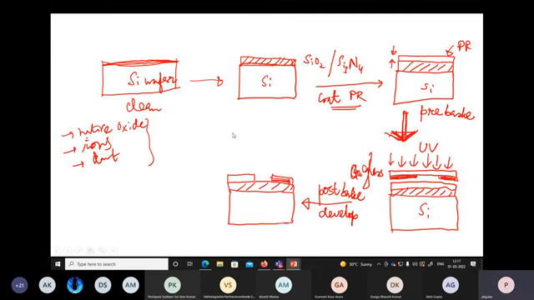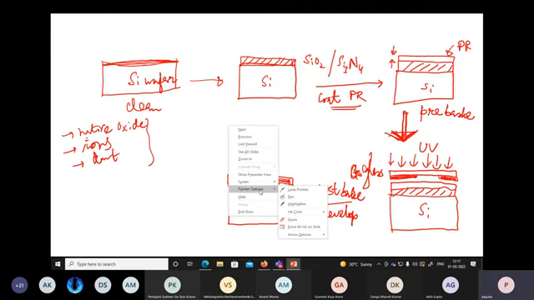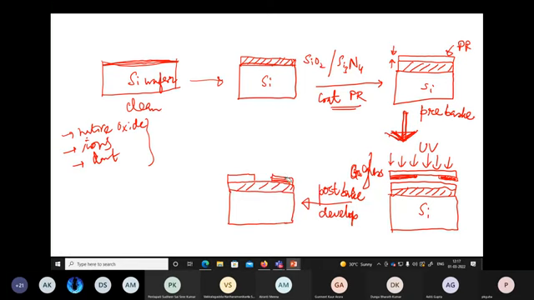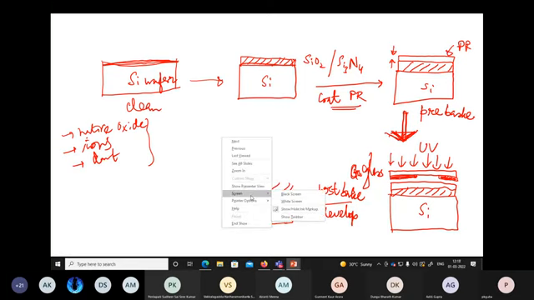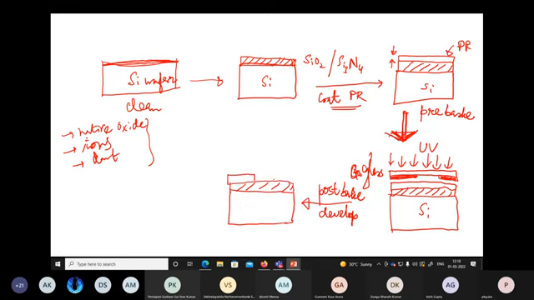Sorry about this. So this is my oxide, this is my resist, and from the middle portion, the developer will remove this middle portion.